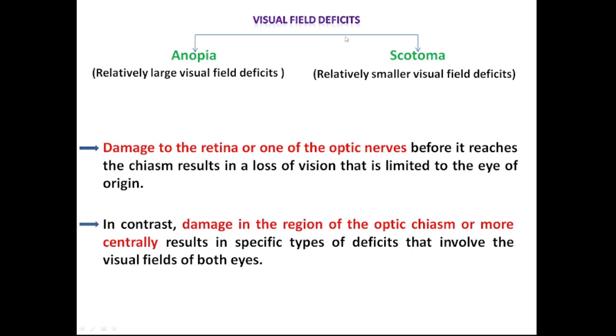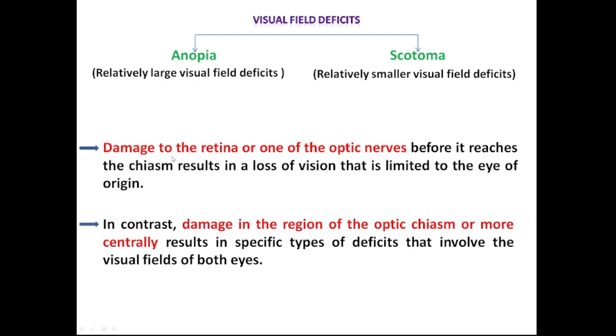Visual field deficits can be divided into two types: one is anopia, another is scotoma. Scotoma is the relatively smaller visual field deficit, whereas anopsia is defined as the relatively large visual field deficit.